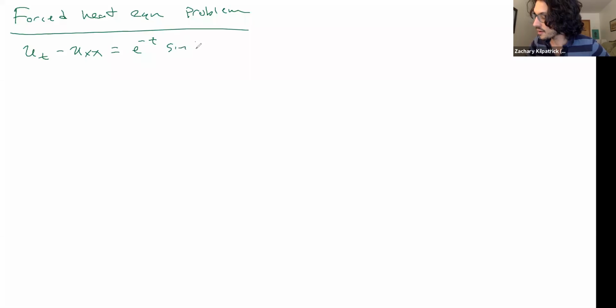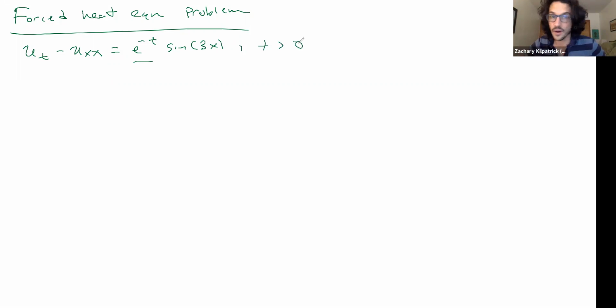a bar that's being forced on its interior by this time decaying function that's also spatially varying. So you're heating this bar from the interior, but the amount that you're heating it is decaying.